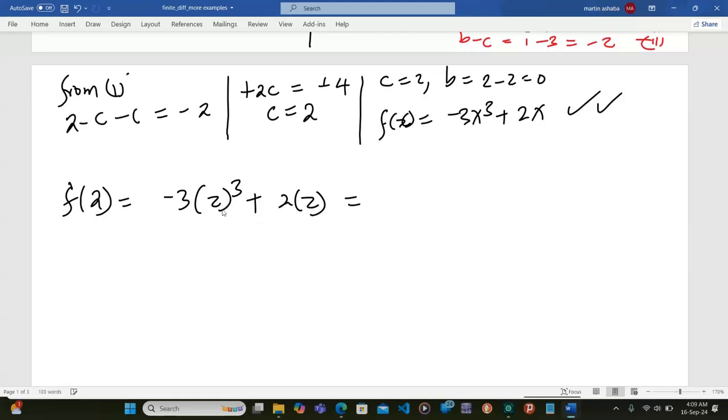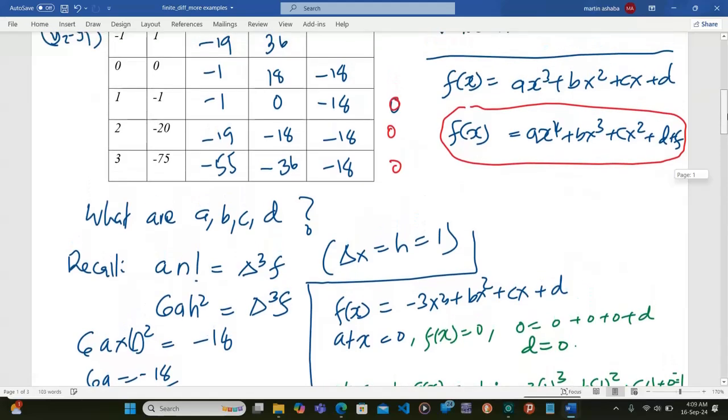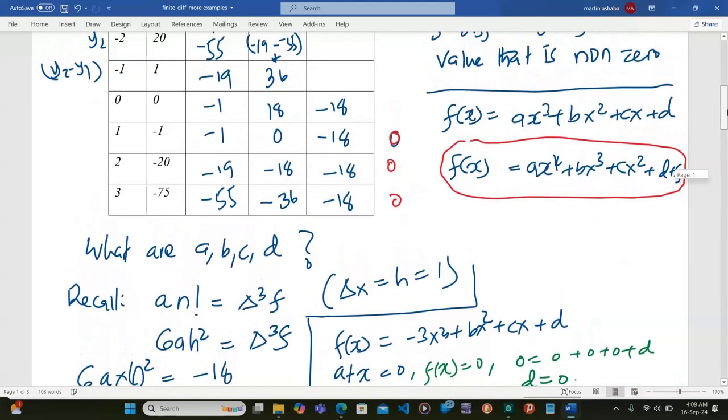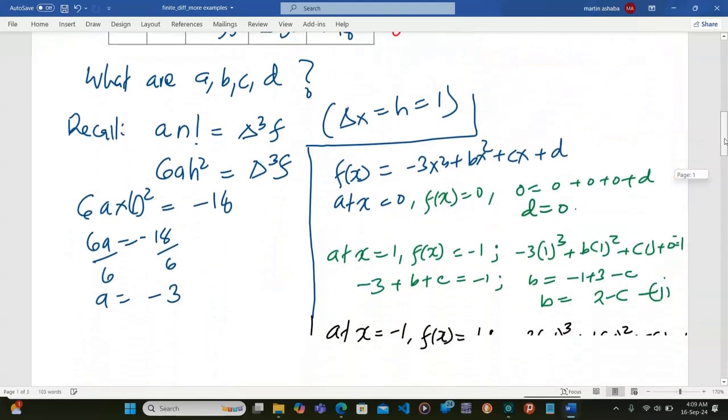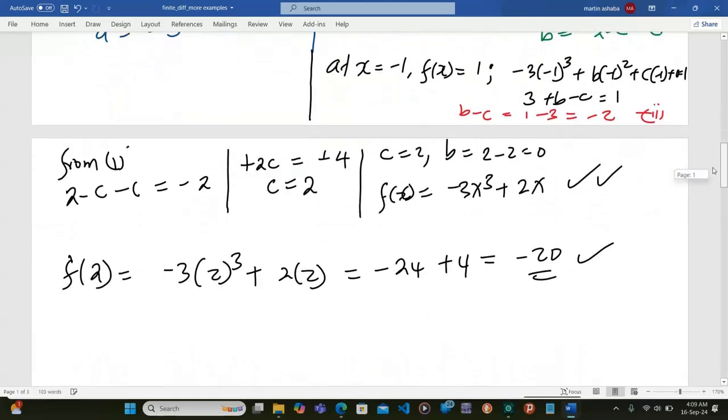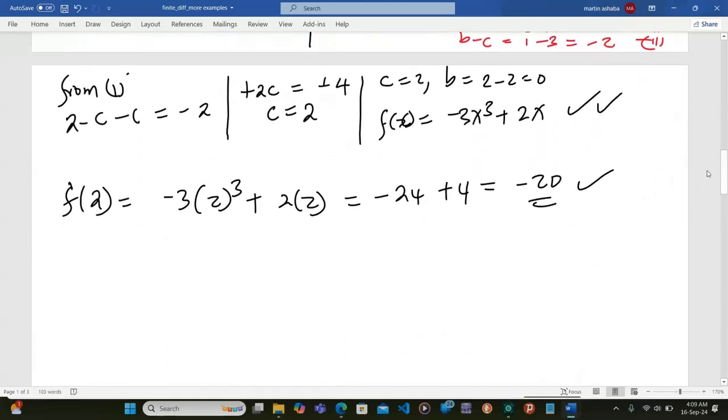This is 8, and 8 times negative 3 is negative 24, plus 4. Does it give us negative 20? Yes, because if we substitute in, it gives us negative 20, and that is the value of the polynomial of x that we have in our data. And therefore, it tells us that our function is actually right.